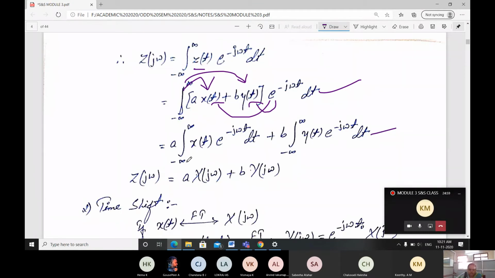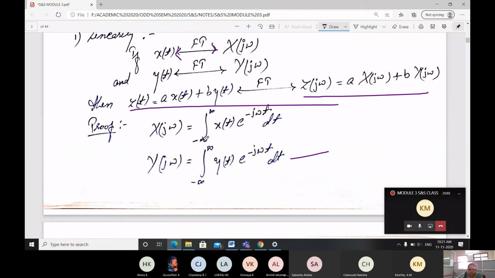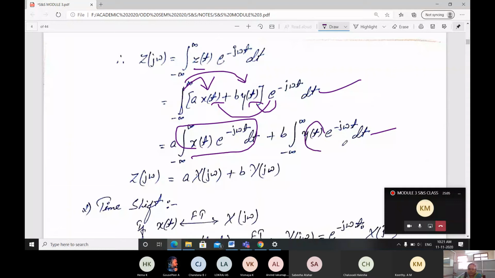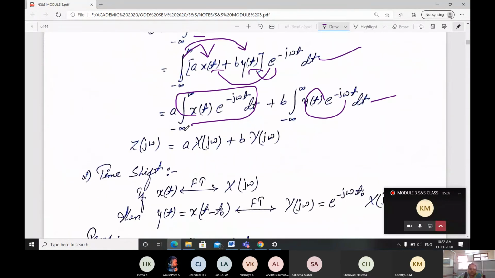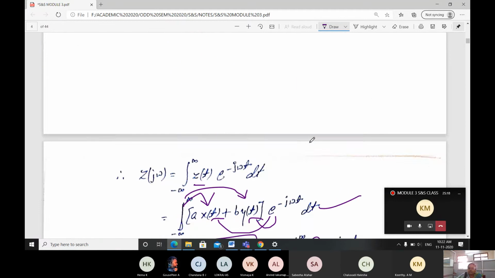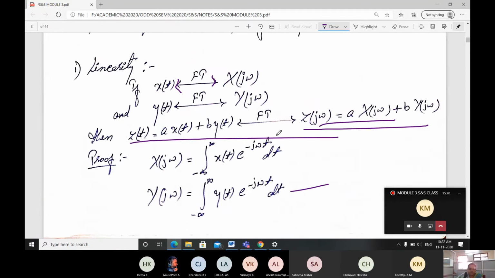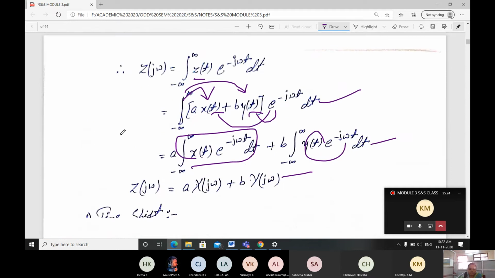This is nothing but our X of j omega, and this is nothing but our Y of j omega. Therefore, a is a constant, keep it as it is, and I will get a X of j omega plus b Y of j omega. Hence it is proved for the linearity property.